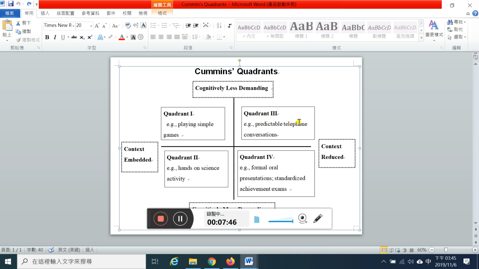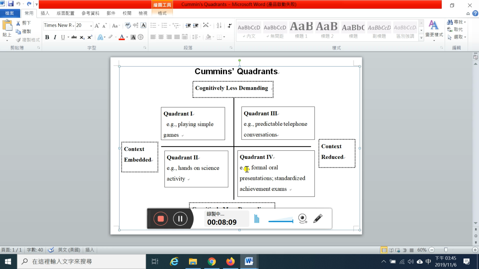In that situation, you will find it more difficult and complicated than speaking in person, because we don't have chances to observe people's facial expressions. We cannot tell their mood, so that's why it's difficult.